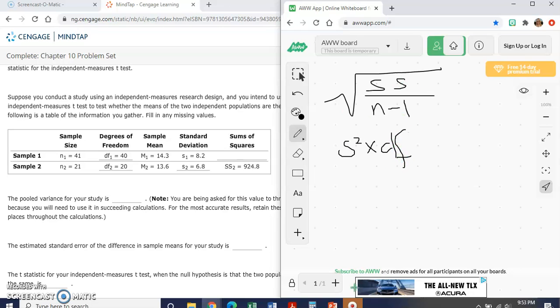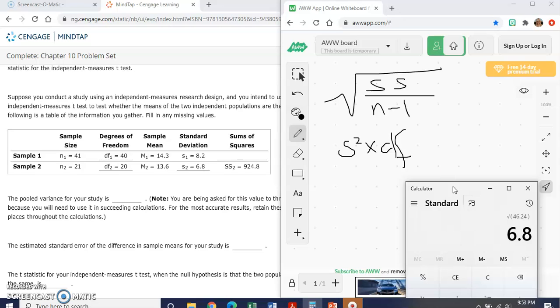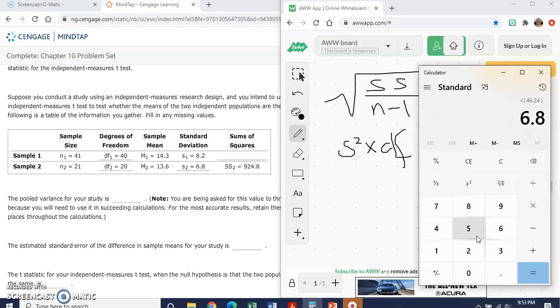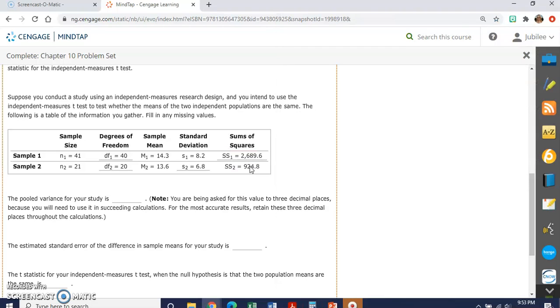So you basically do the opposite of everything here. So I'm going to take 8.2, square it, and multiply by degrees of freedom. And I got 2,689.6.